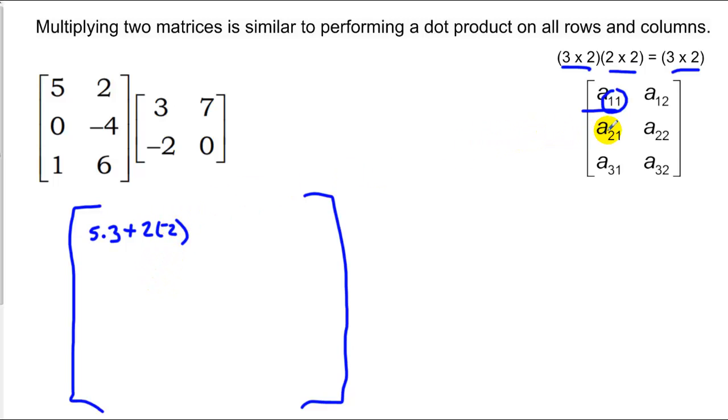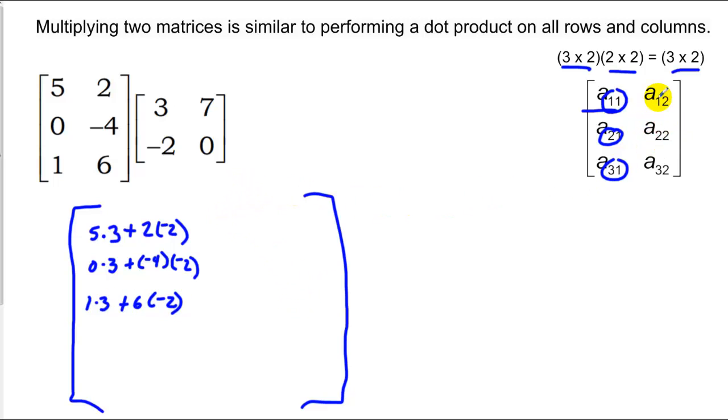Then for my second row, first column, I do a dot product: 0 times 3 plus negative 4 times negative 2. For my third row, first column, the dot product is 1 times 3 plus 6 times negative 2.